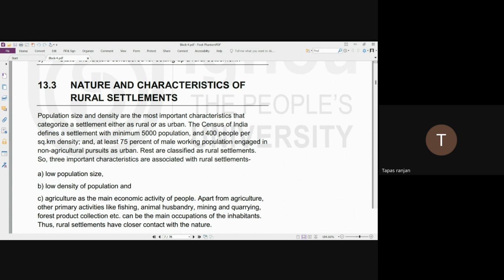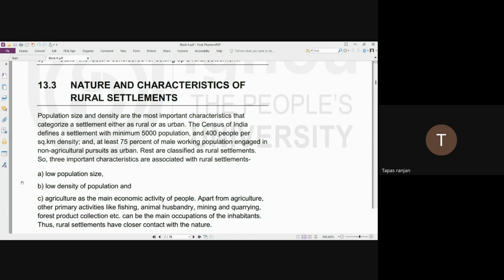An urban settlement should have more than 5,000 population, a population density of more than 400 people per square kilometer, and at least 75% of the male working population engaged in non-agricultural activities, and urban places should have a municipality or cantonment areas. So what are the characteristics of rural settlements?